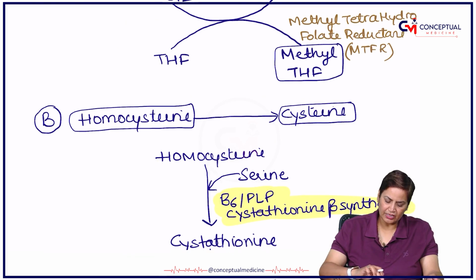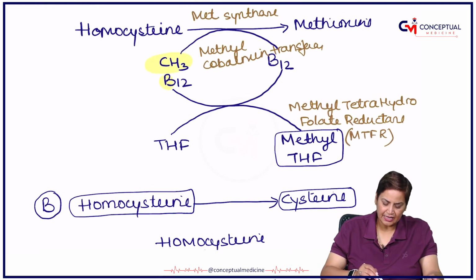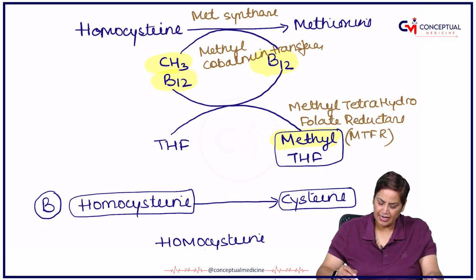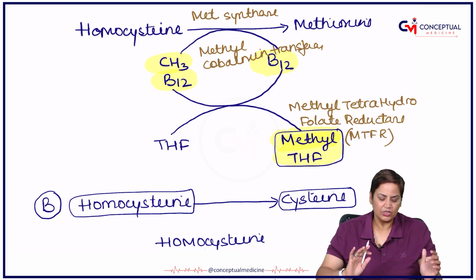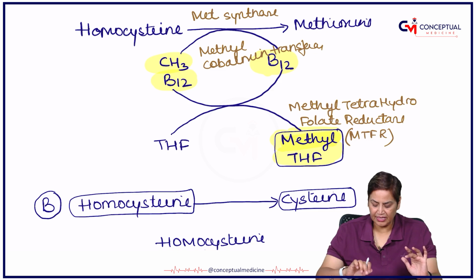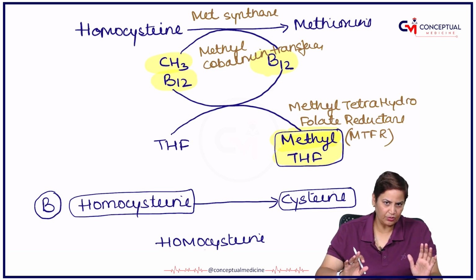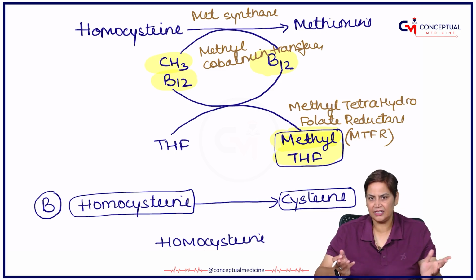And if we talk about this reaction, we can simply say that methyl B12 and methyl THF, and these are the enzymes. So this is how the regeneration of methionine continues, first thing, right? And this is how cysteine is synthesized.